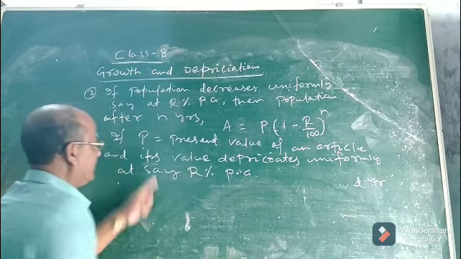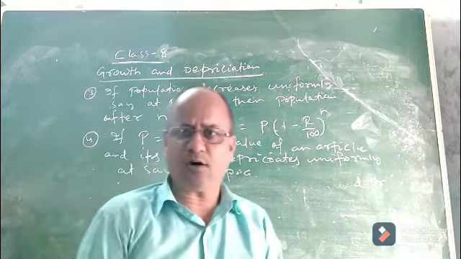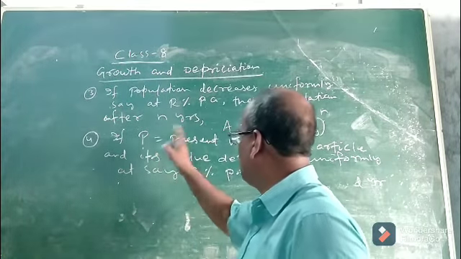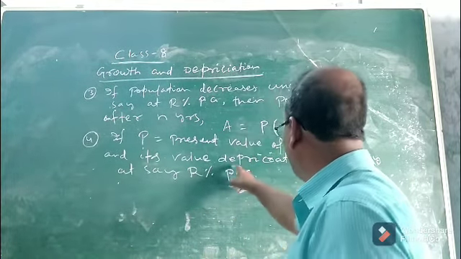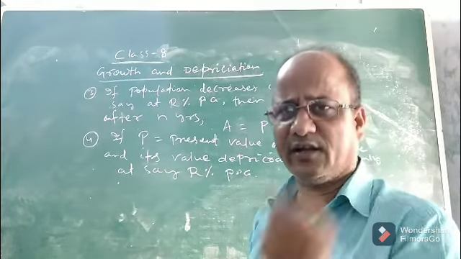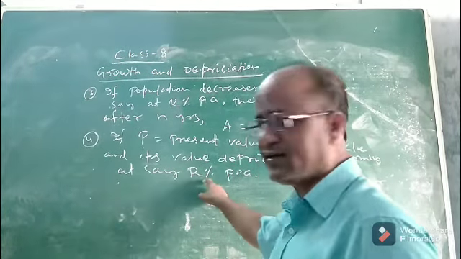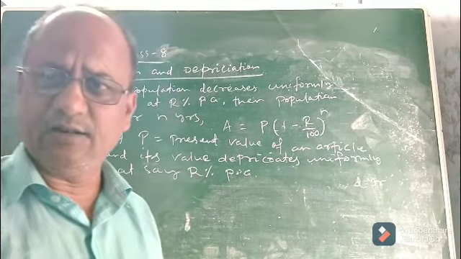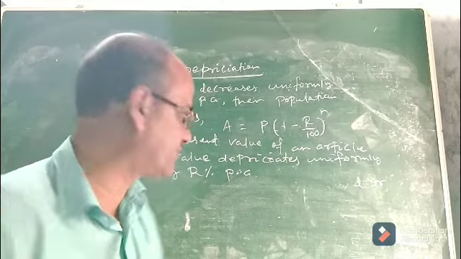So try to understand, children. P is the present value of the machine or plant or building. The value of the machine will go on decreasing uniformly at the same rate, say r% per annum. Then what will be the value of that article after n years?